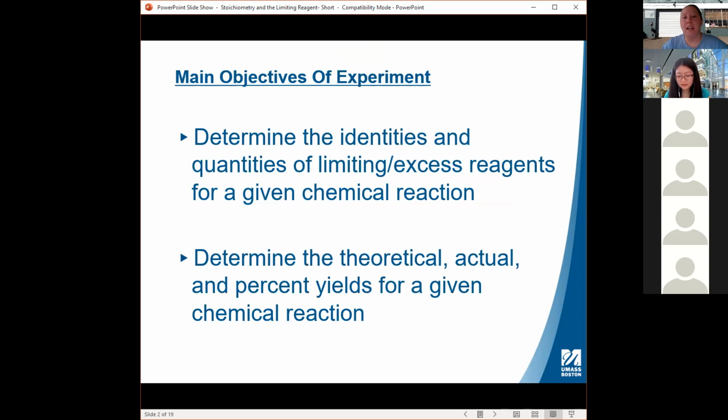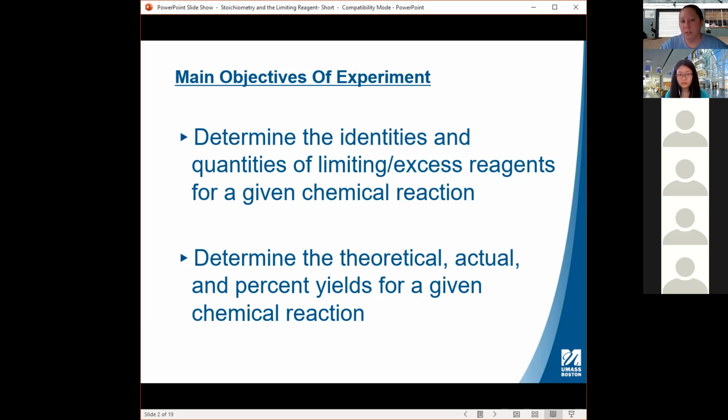What they mean by identity is, when you are reacting 2 or more chemicals, which one is the limiting reagent and by how much. The quantity would be how much product can you make from the limiting reagent, and whatever the excess reagent is, how much of it are you going to have left over? So that's what that sentence means.